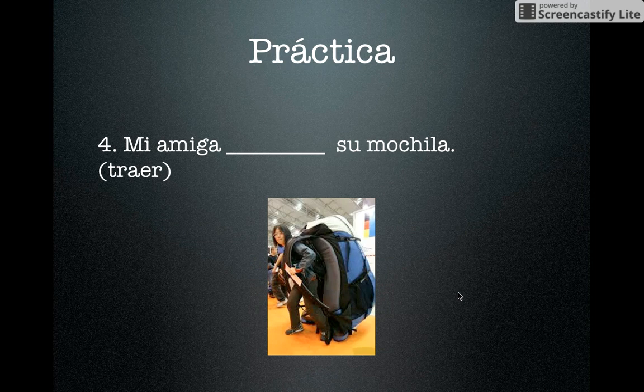Number four, mi amiga blank su mochila. Your subject is mi amiga. Traer is your verb. Pause the video and change traer to fit with the subject of the sentence. Your answer should be mi amiga trae su mochila.